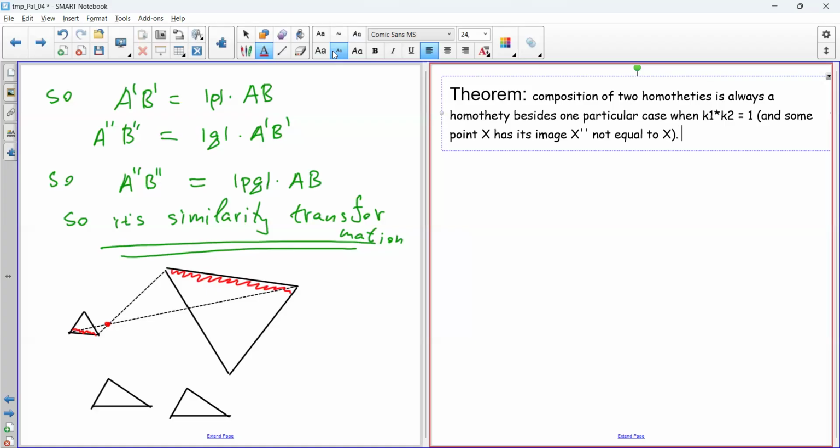The coefficient of the resulting homothety is equal to k1 times k2.